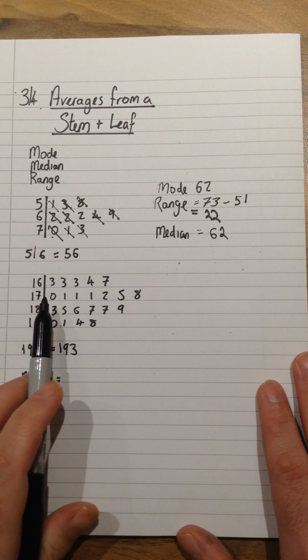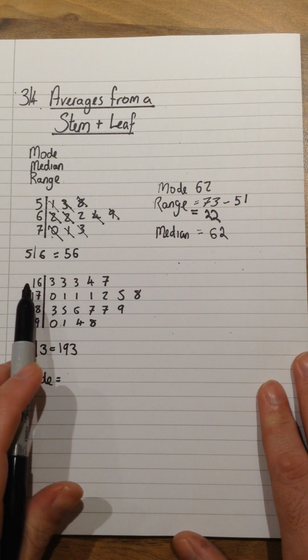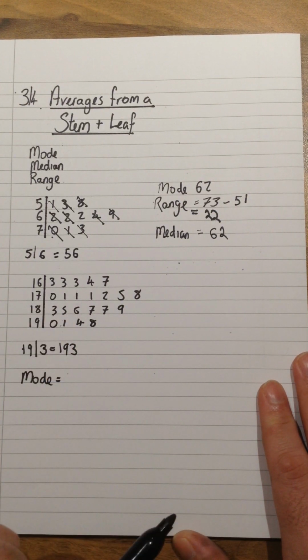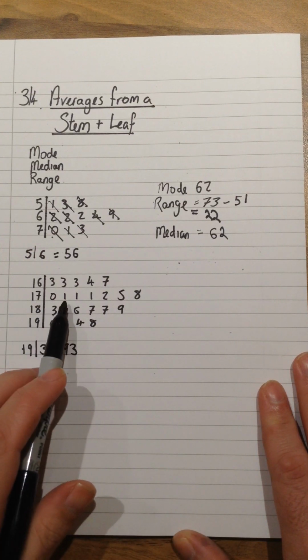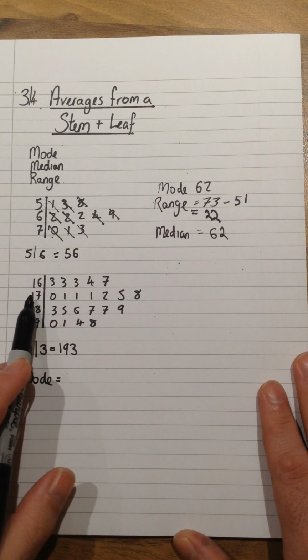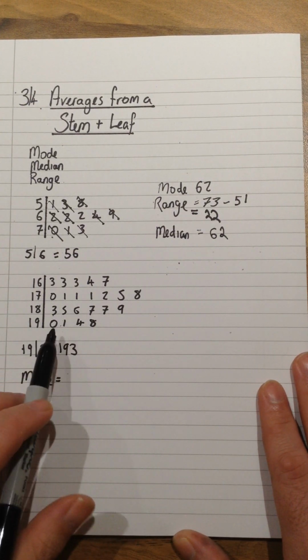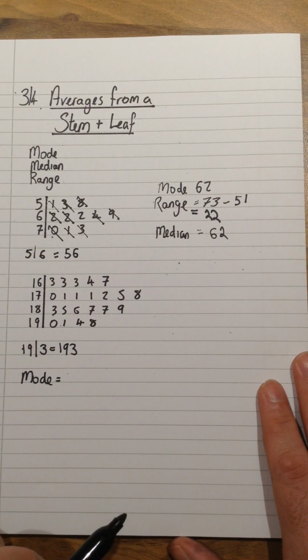Scanning through the stem and leaf diagram, there are 3 3s on this top line, meaning there are 3 163s. On this next line down, there are 3 1s here. This means there are 3 171s. There are no other numbers that appear as many or even more often than that.